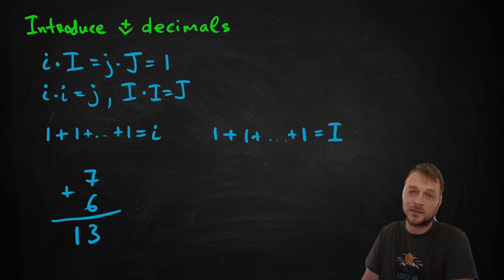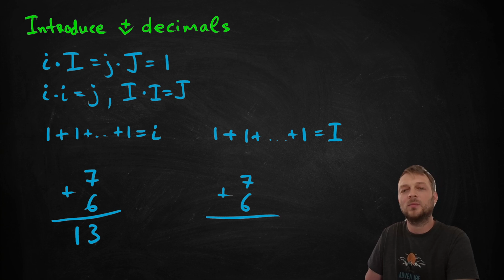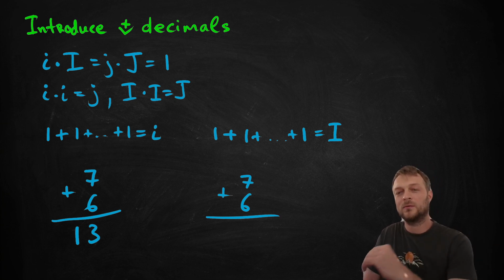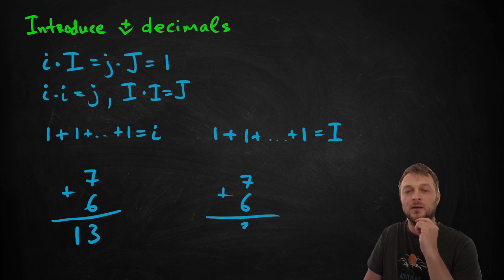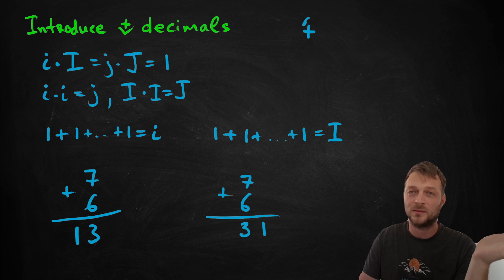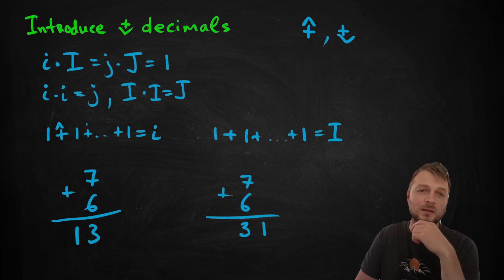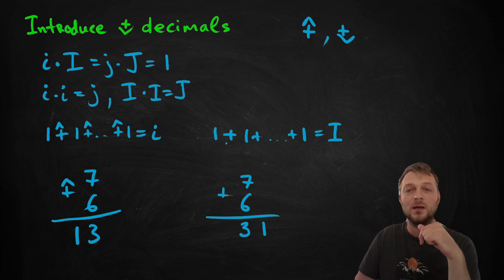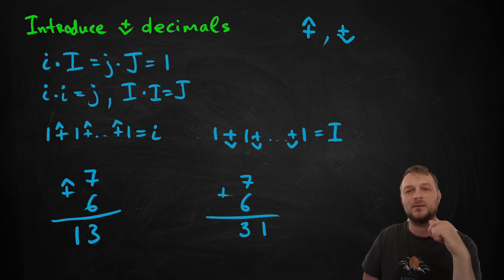So in this case, 6 plus 7 will be 13, but we carry over to the right. So it will be 3 here, but 1 here on the right. And this is exactly the same symmetry as we had with fractions and two operations, plus and plus. So here we can just mark that this rule corresponds to this plus, this is just standard plus, and this symmetric rule corresponds to this plus, okay?